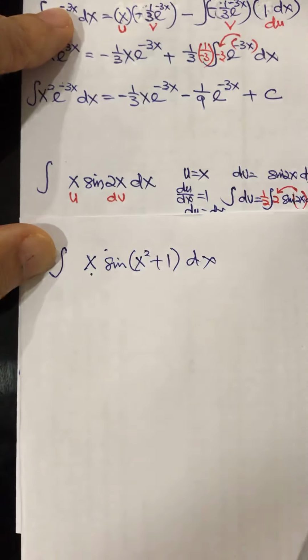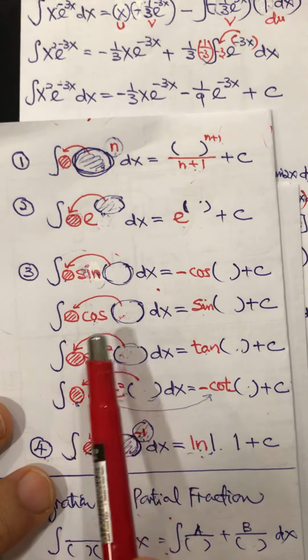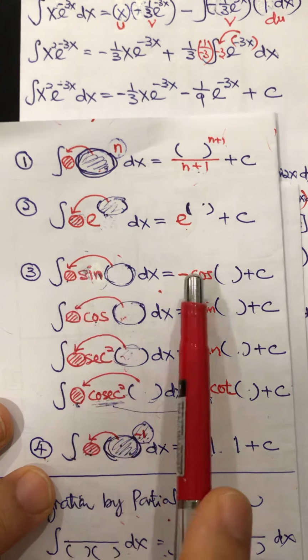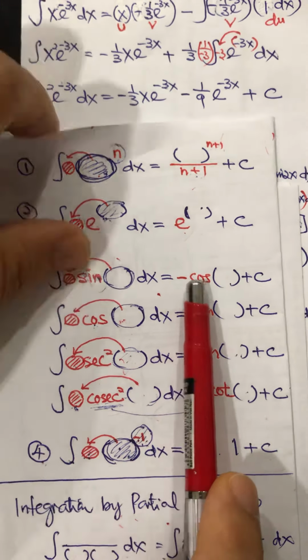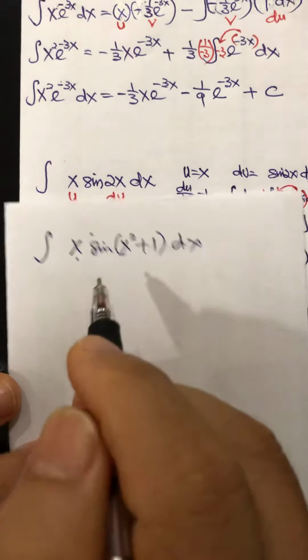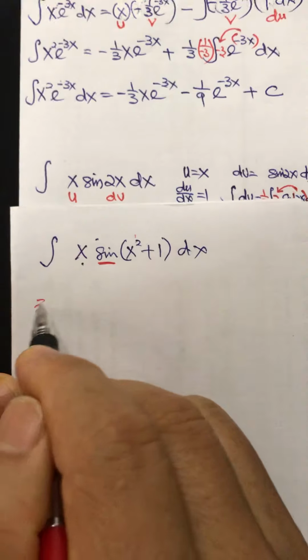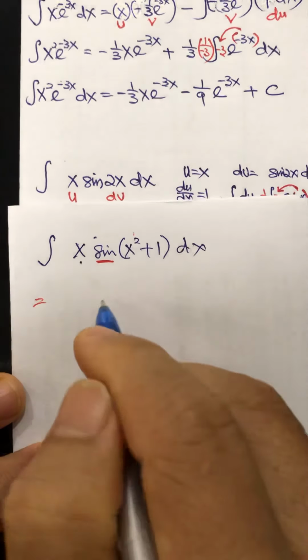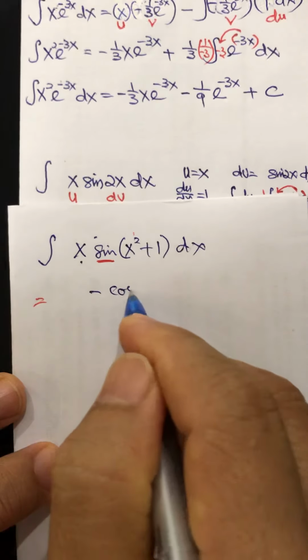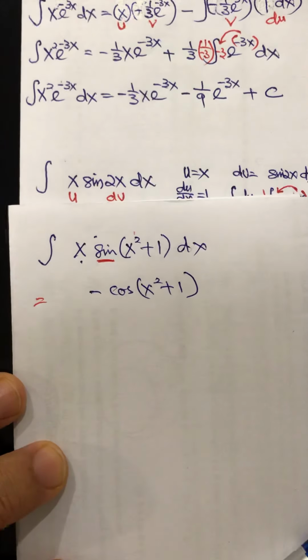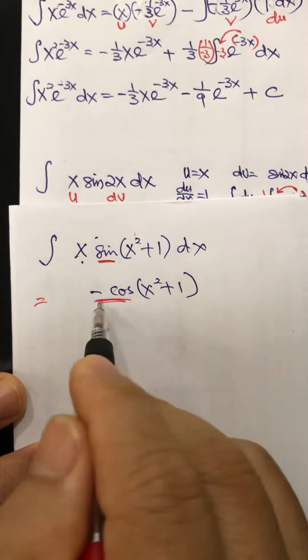Can you integrate this using the first method? Usually we check with this method first. Sine, I want to integrate, I have to differentiate this, I will get negative cos. So I check whether I can use it or not. When I differentiate, the sine will give me negative cos of x squared plus 1.